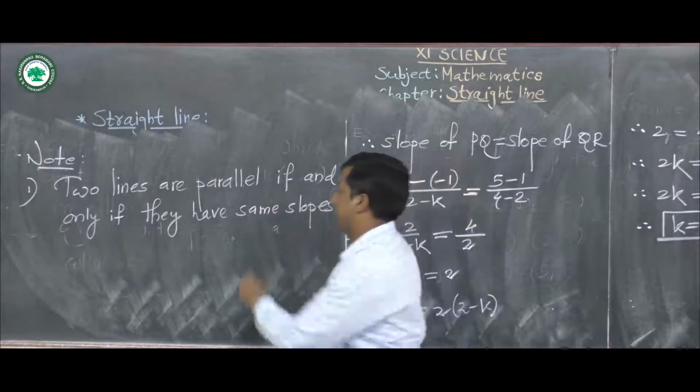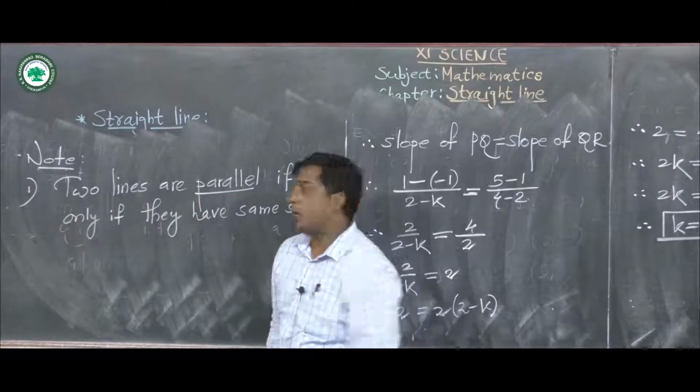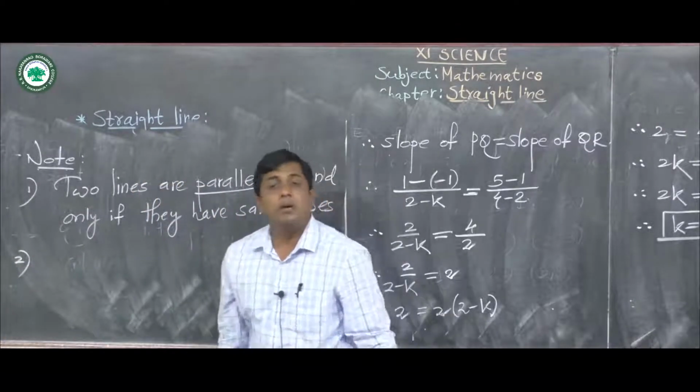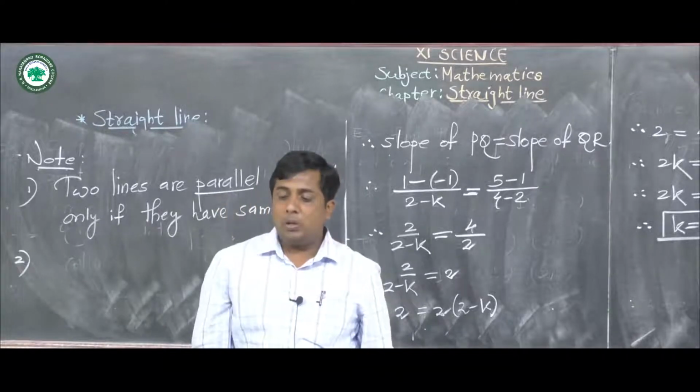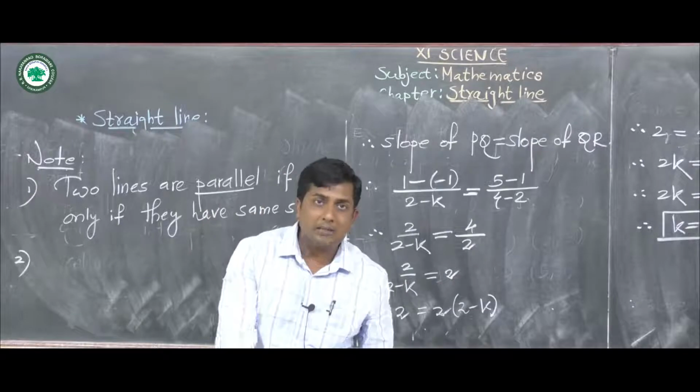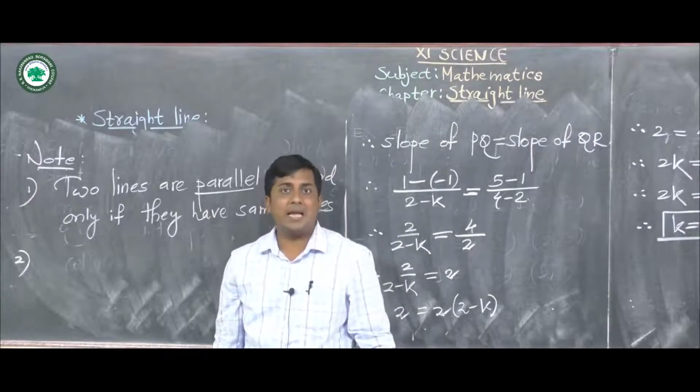Remember this part. And in the second note, we consider perpendicular lines. Let us consider the slope of the first line is m1 and the slope of the second line is m2.